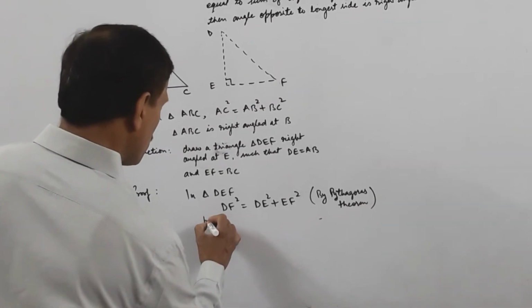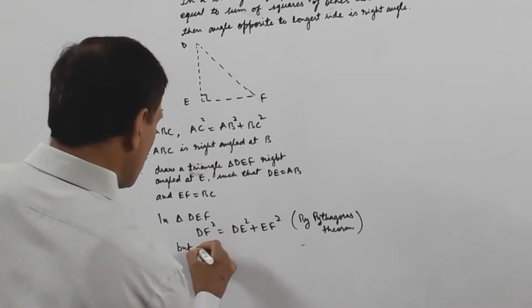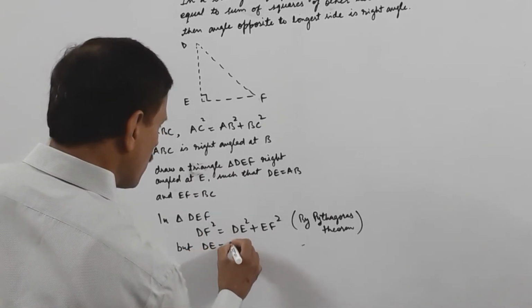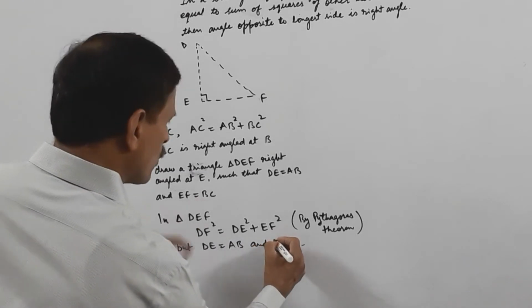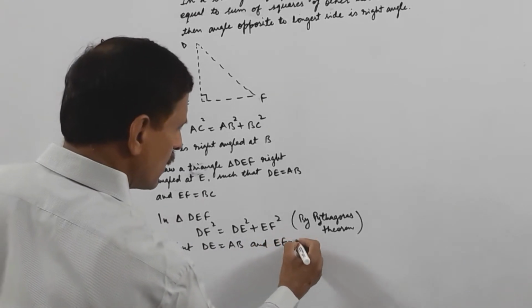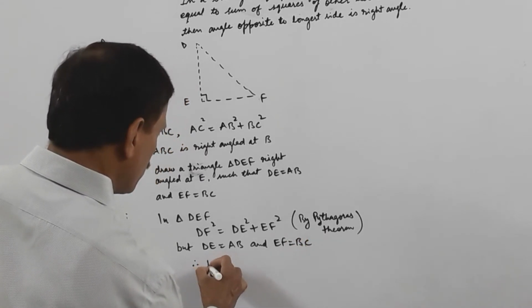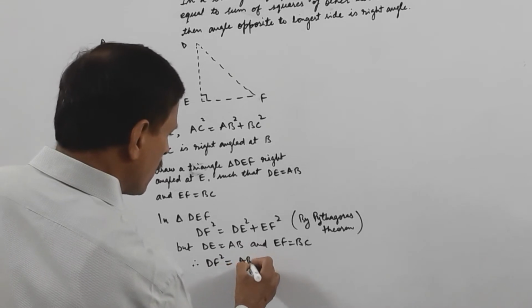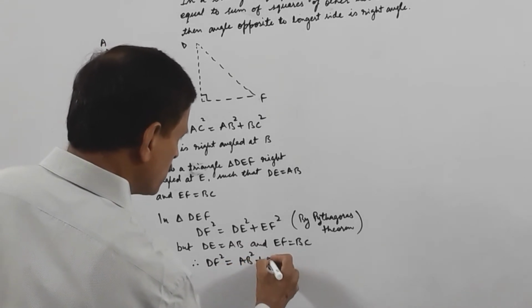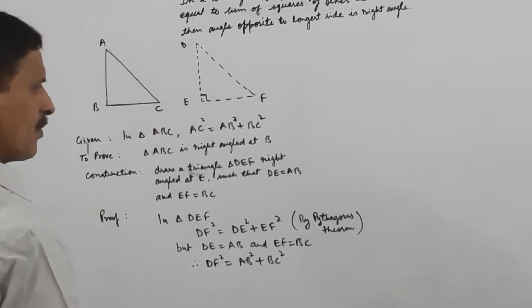But DE is equal to AB and EF is equal to BC. Therefore, DF square is equal to AB square plus BC square.